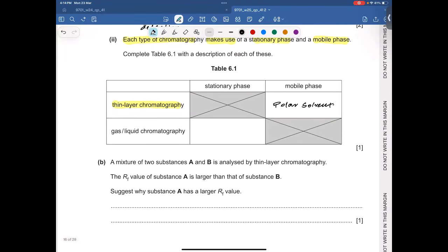In gas liquid chromatography, the stationary phase is basically porous diatomaceous earth having a high boiling liquid like waxy polymer. That's what we have done in the class. So high boiling liquid with porous diatomaceous earth. That diatomaceous earth is basically an inert material.